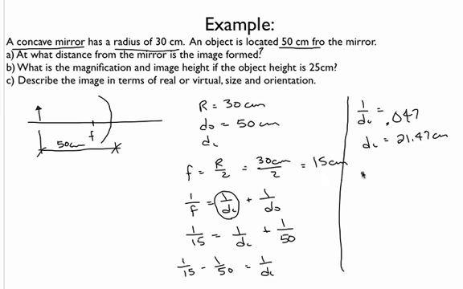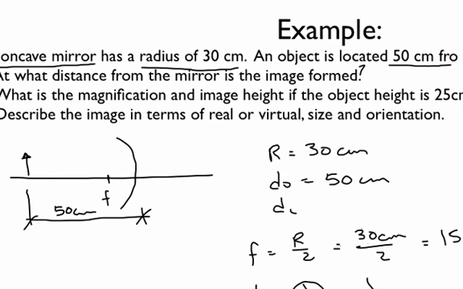If we want to find the magnification, it is equal to negative DI over DO, which is equal to negative 21.47 divided by the object distance, again 50. So the magnification comes out to negative 0.428. Right off the bat, this is less than 1, so it's a smaller image. It's negative, so the negative is going to say that we're inverted.